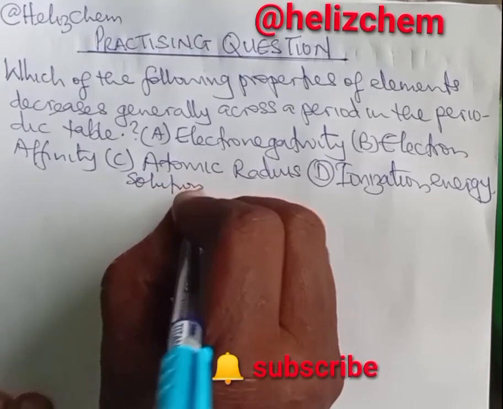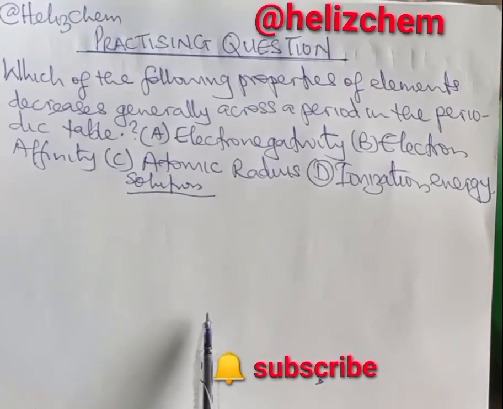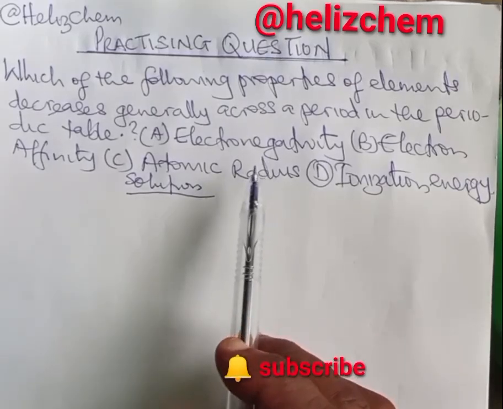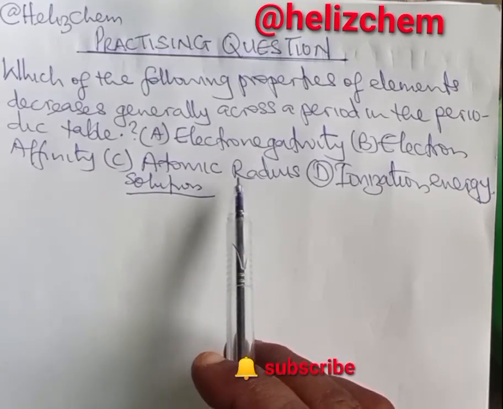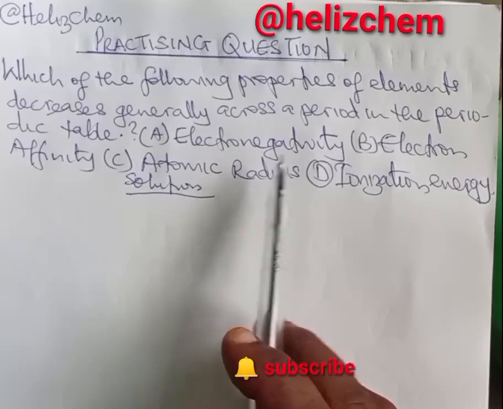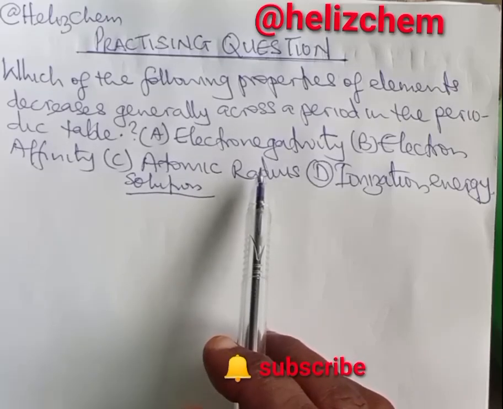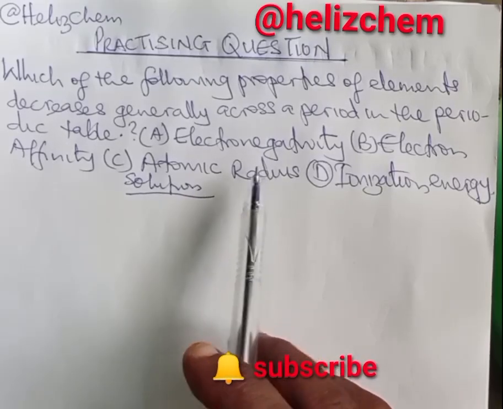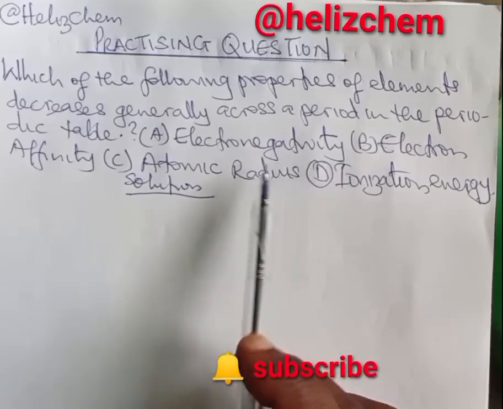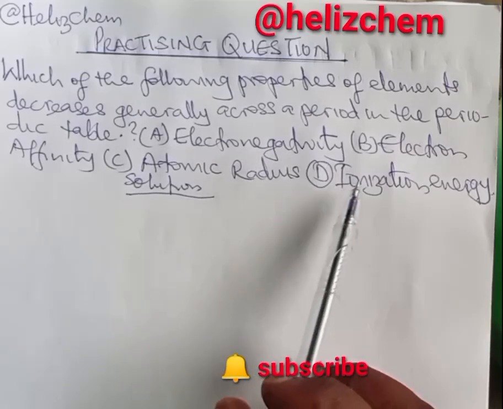Solution now. If you look at this question, the question is based on the atomic properties of elements as it varies across the period and then the group.